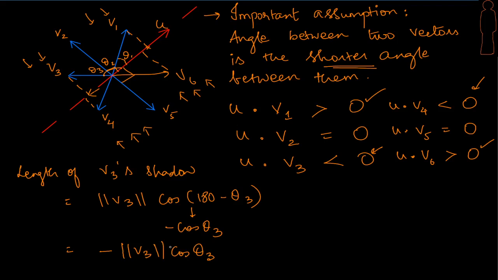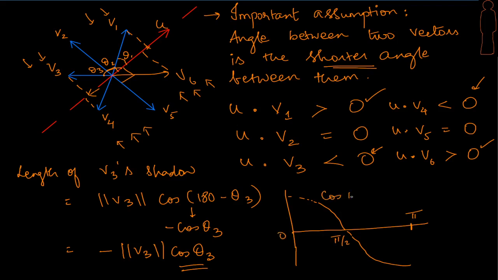You may really wonder, how is this length going to become positive when I have a negative sign here? The answer comes from here, right? Let me try and draw a graph of the cos angle. It starts at 1, drops to 0 at pi by 2, and at pi it reaches minus 1, right? So this is pi, this one is pi by 2, and that is 0. We are trying to plot cos theta.